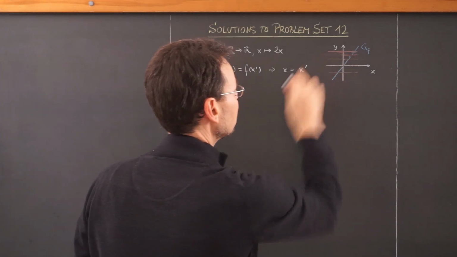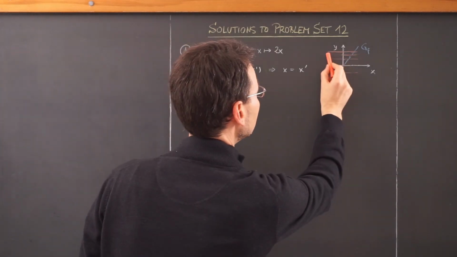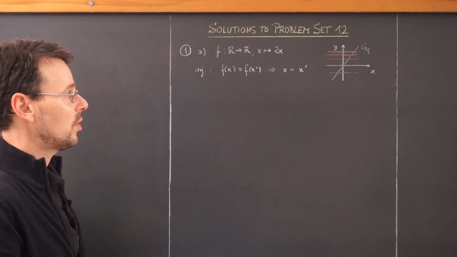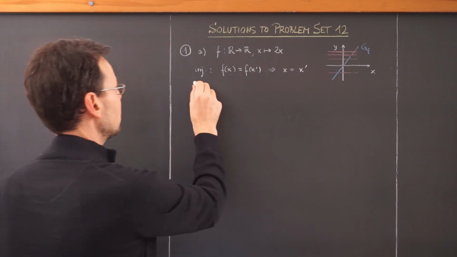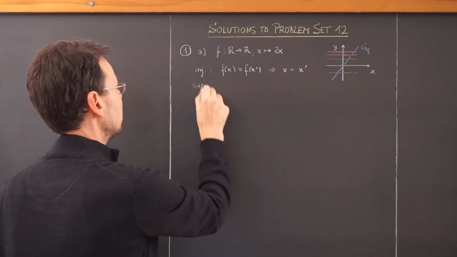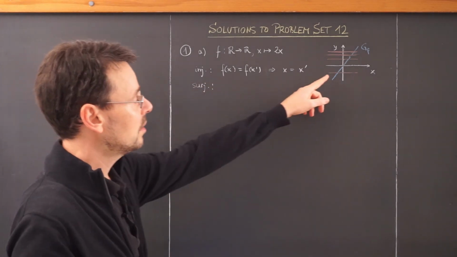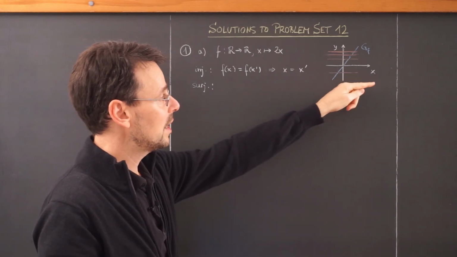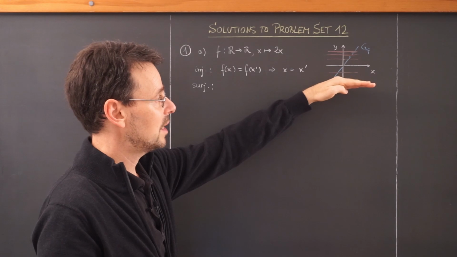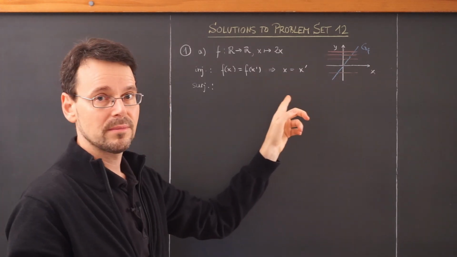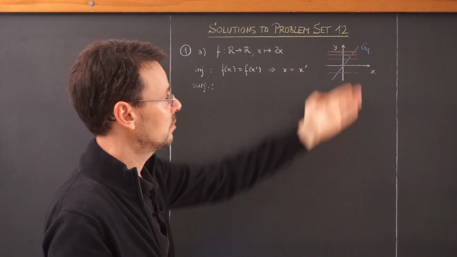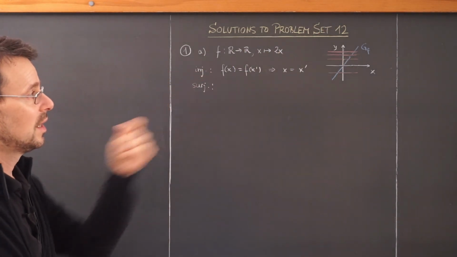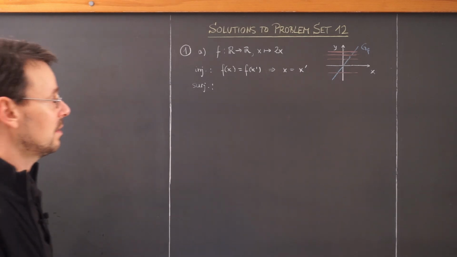This is a very useful way to think about injectivity when we have functions that we can actually plot like that. So surjectivity. Now here you have to think about the following. Does every parallel line to the x-axis intersect the graph at least once? Well, obviously, this means surjectivity when looking at the graph.